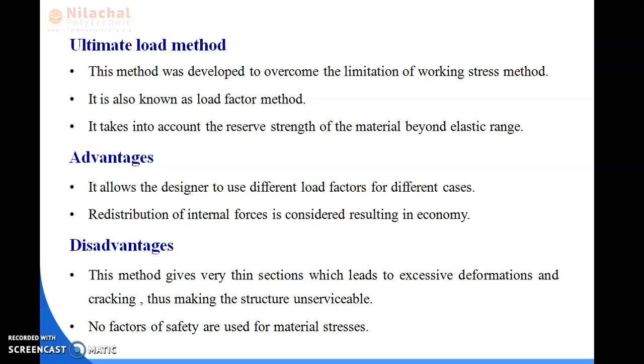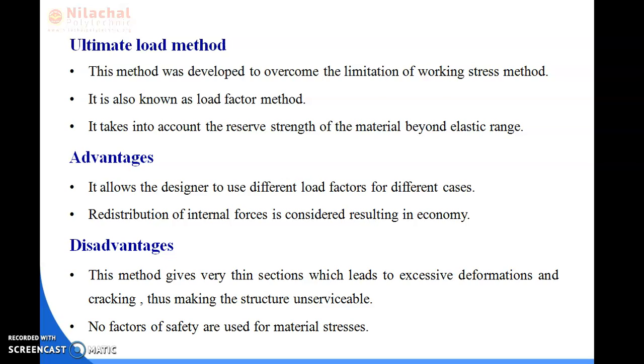Next are the advantages of the ultimate load method. First, it allows the designer to use different load factors for different cases. As per the situation, the ground level and the foundation, we can use various kinds of loads on the structure and calculate its strength using the ultimate load method.